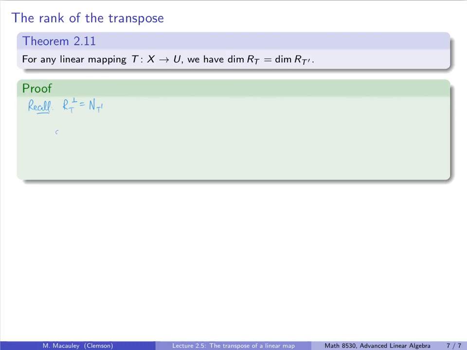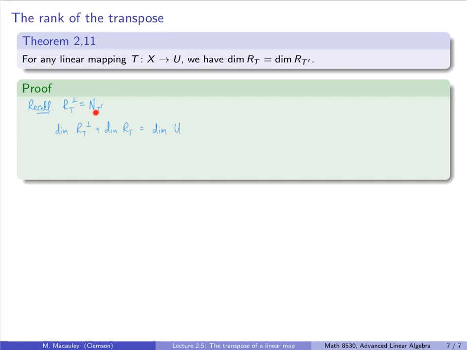So the dimension of the annihilator plus the dimension of the range itself equals the dimension of the space it lives in. Now where does this live? The range lives in U.